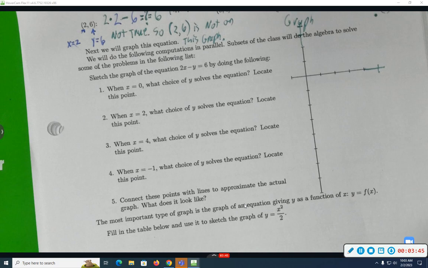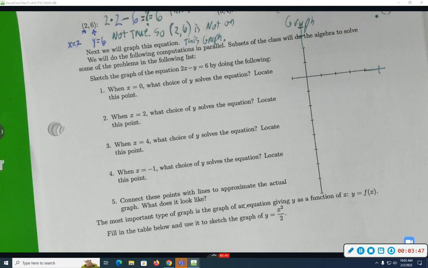So here's one strategy for getting an idea of what a graph looks like. Let's fix a bunch of different values for x. Let's figure out what y value, if one even exists, results in that point being on the graph. We'll sketch those dots, and then we'll try to interpolate between. We'll see what the graph winds up looking like.